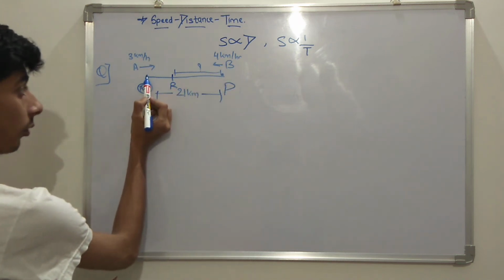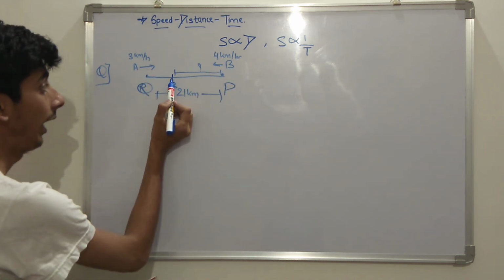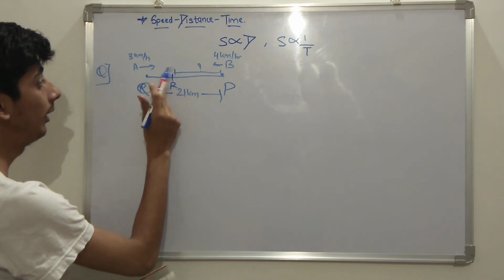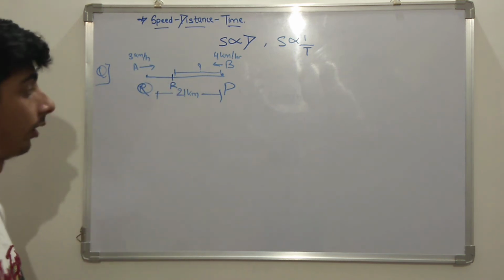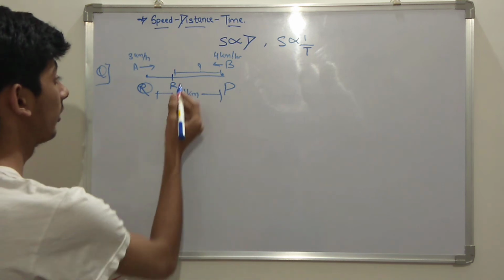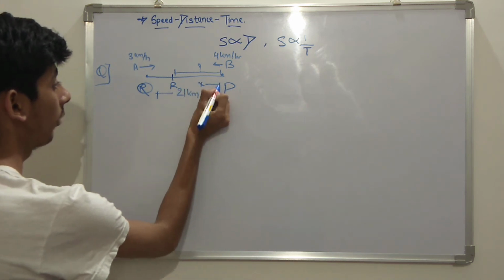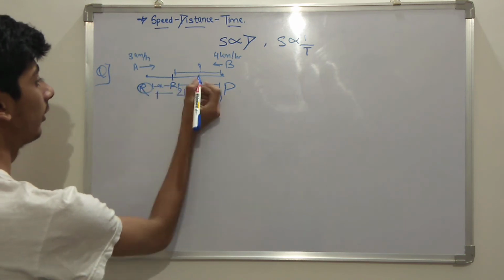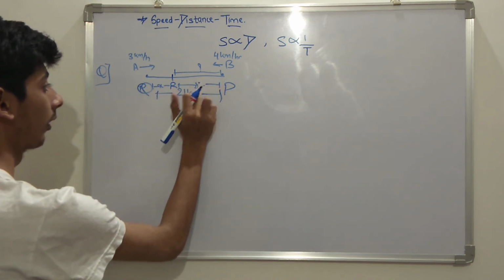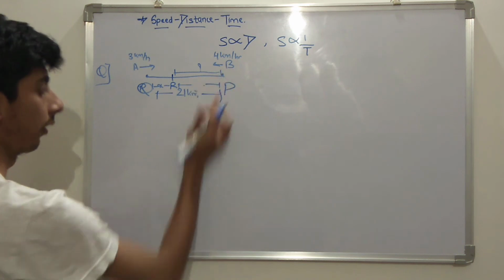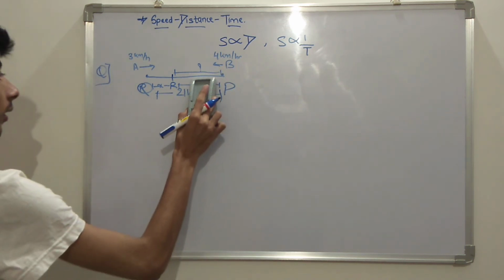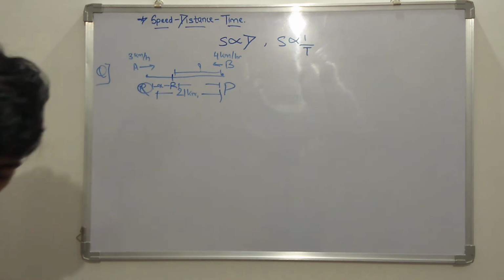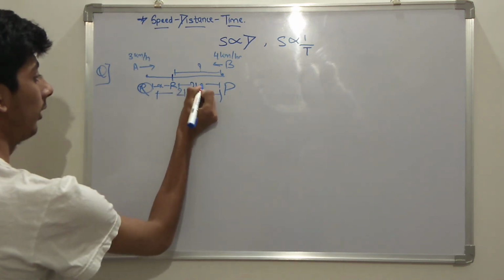Now B reaches Q and returns immediately, and A and B meet each other at R. Now we need to find the distance between P and R, which is equal to x. If this is x, then this is 21 minus x.